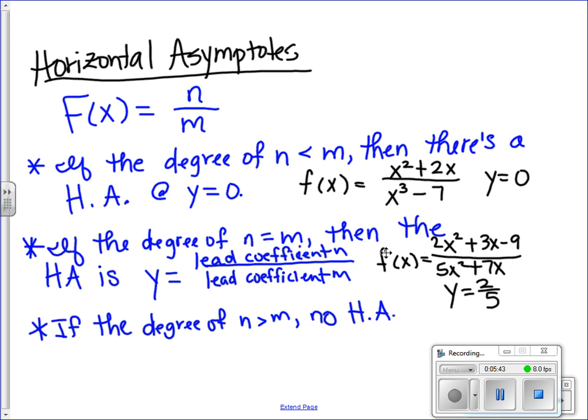This is another one to watch out for on a test because it may not have a horizontal asymptote. You have to put no, none, not one, doesn't exist, something. Don't leave it blank because if you leave it blank, I don't know.